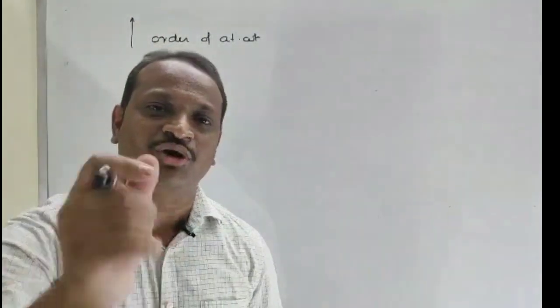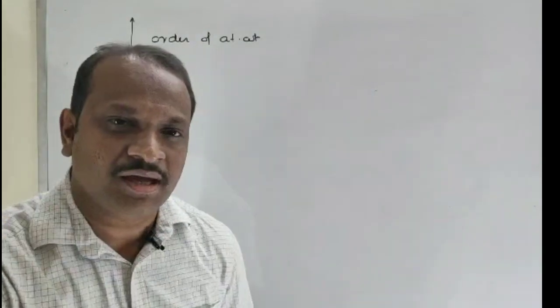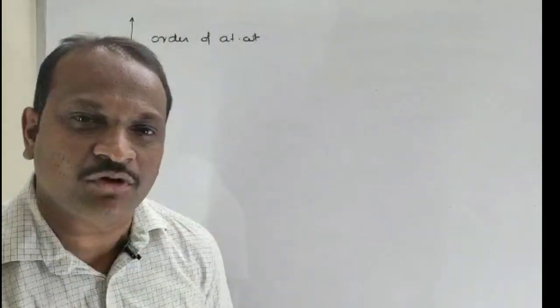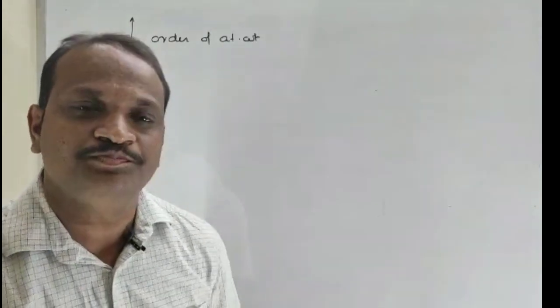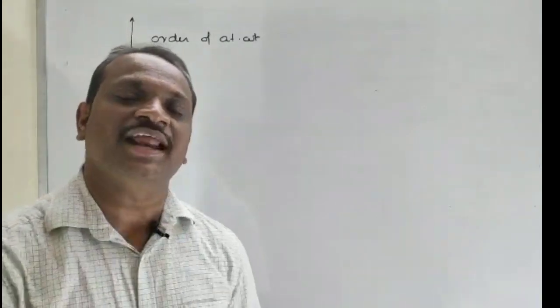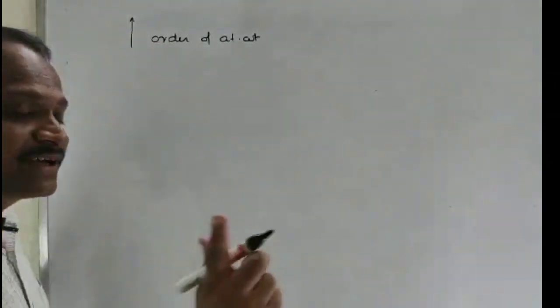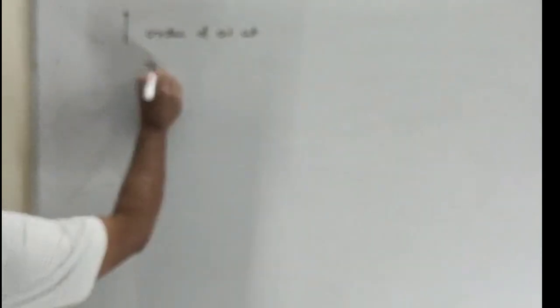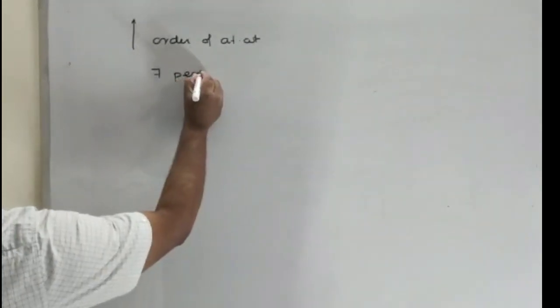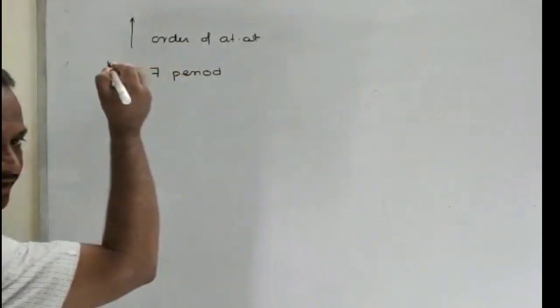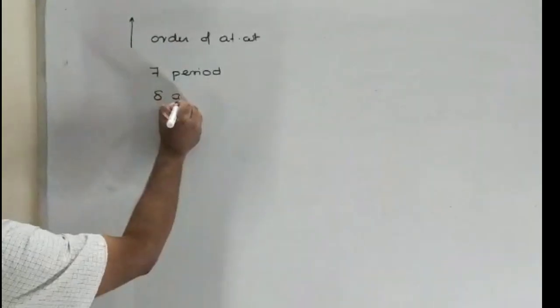The horizontal rows we call periods, and the vertical columns we call groups. How many groups and how many periods are there? Mendeleev's periodic table consists of 7 periods and 8 groups.